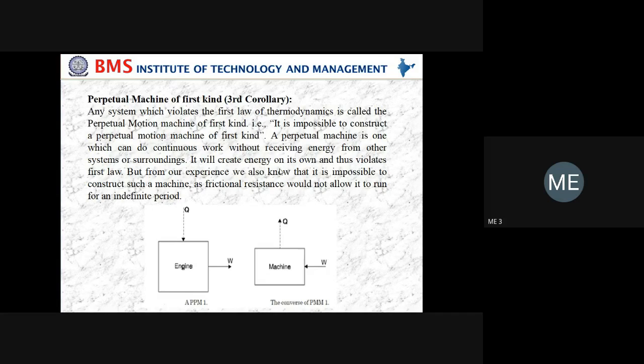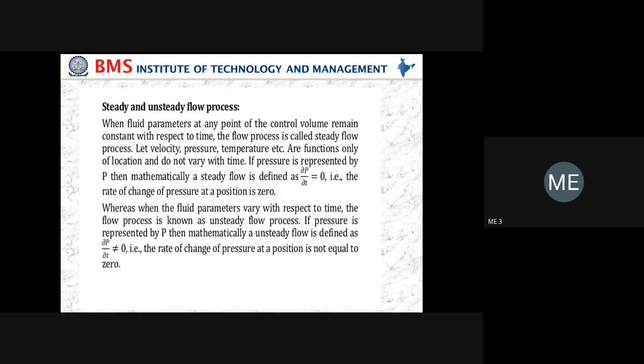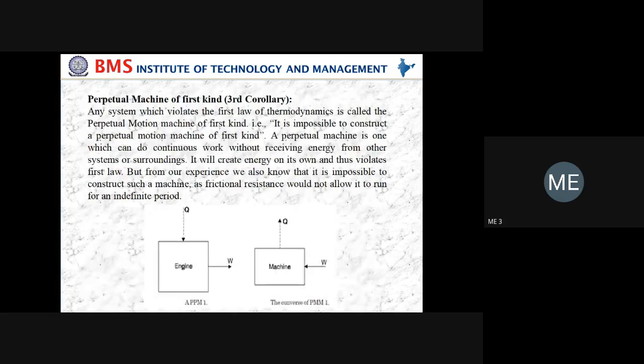Okay, according to the concept, it is impossible to construct the perpetual motion machine of first kind. How it means: a perpetual motion machine is the one which can do continuous work without receiving energy, and it violates the first law, because according to the first law of thermodynamics, the amount of work done equals the amount of heat transfer.